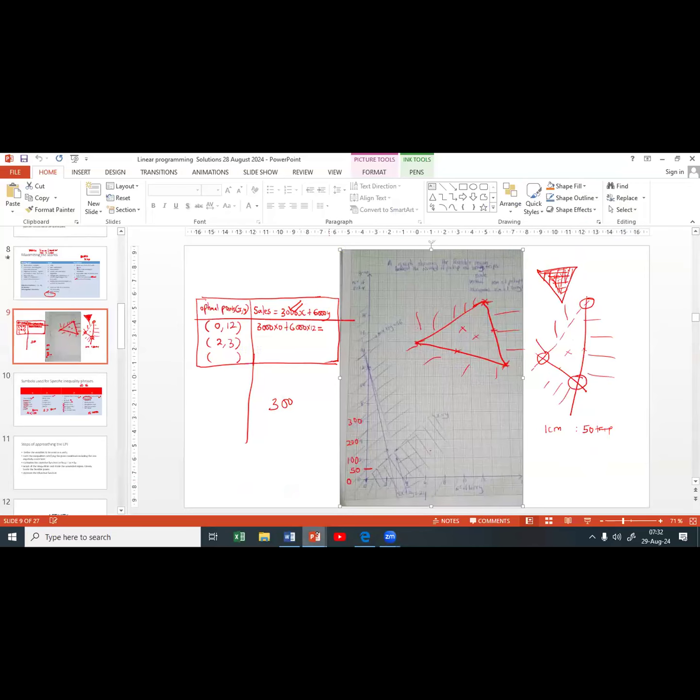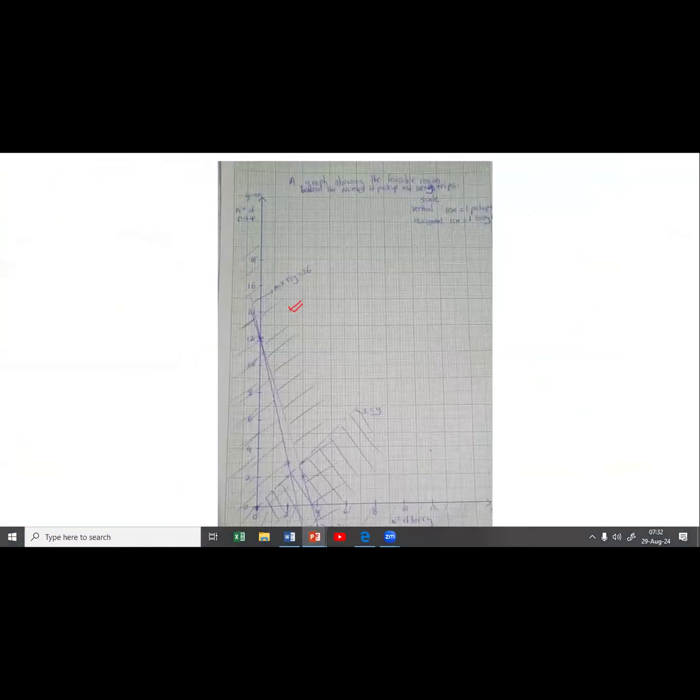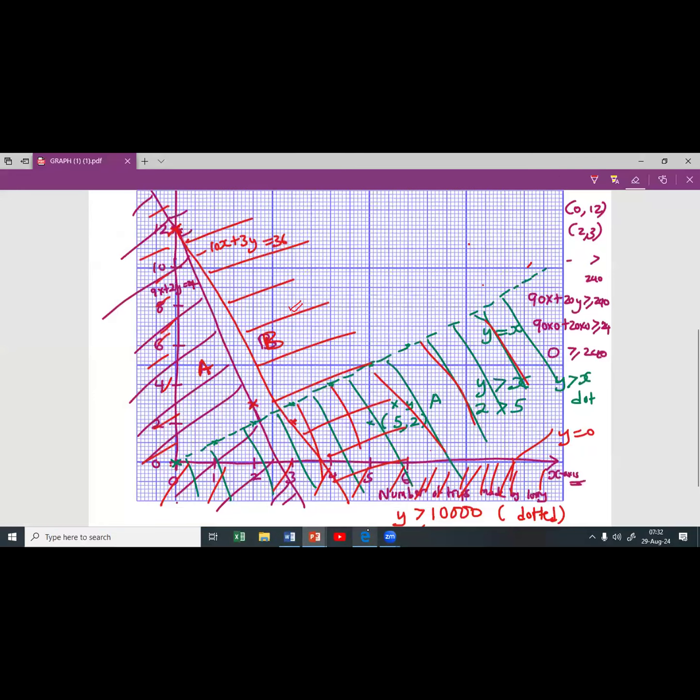Now, excuse me, sir. Back to the graph, please. No, the other graph, the last one. For me, I'm confused here, on that line y greater than x.